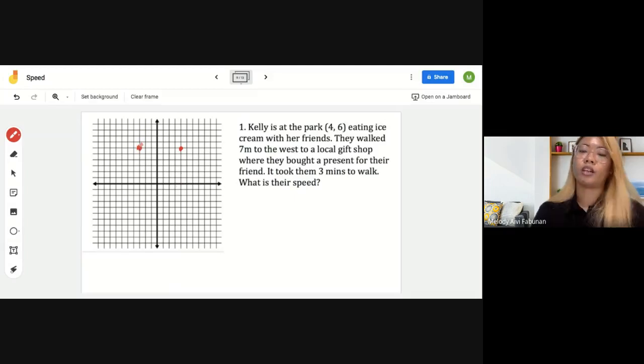And this is the local gift shop. And from the local gift shop, they bought a present for their friend. And it took them 3 minutes to go from this location, which is the park, going to the gift shop, which is this. So what is their speed?